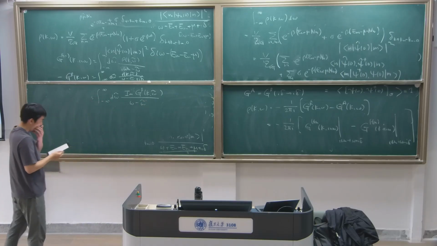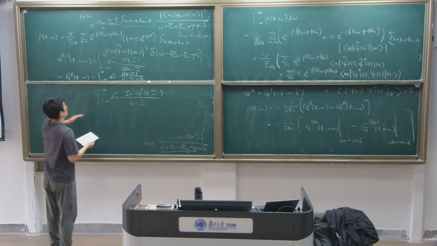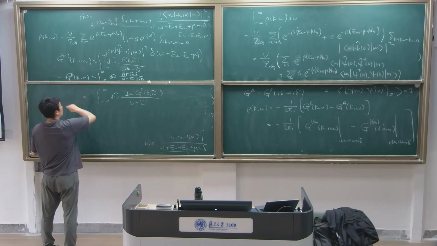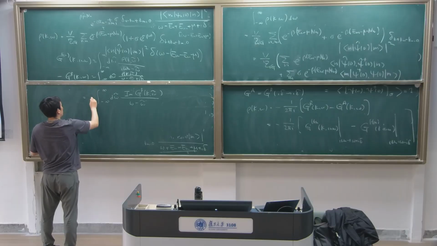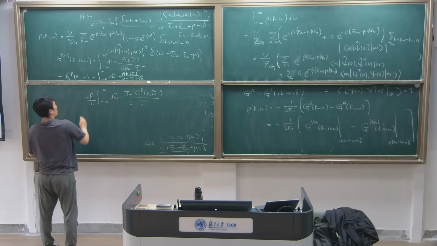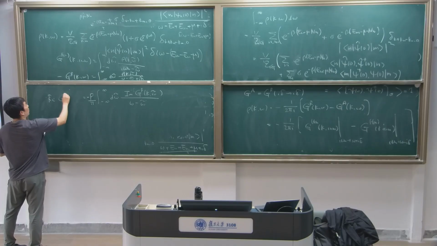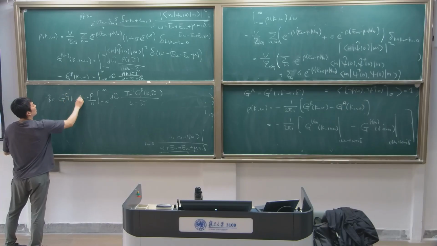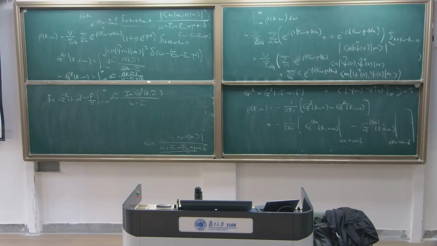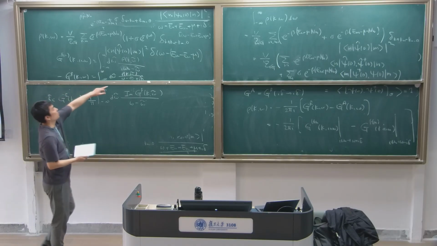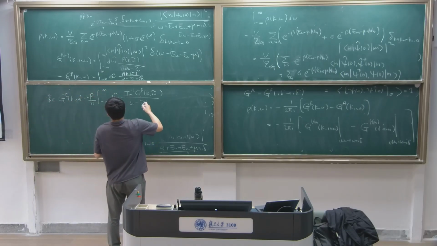Like this. And this is the principal value divided by pi, minus the real part of the function R. So you just apply the real value of this one.